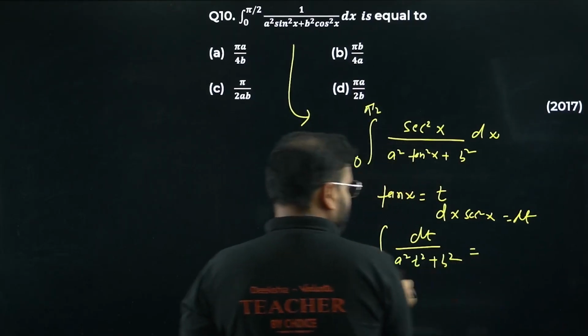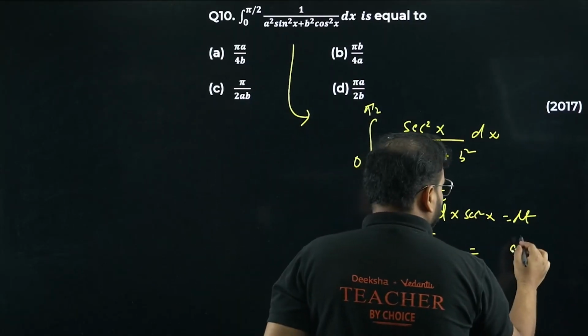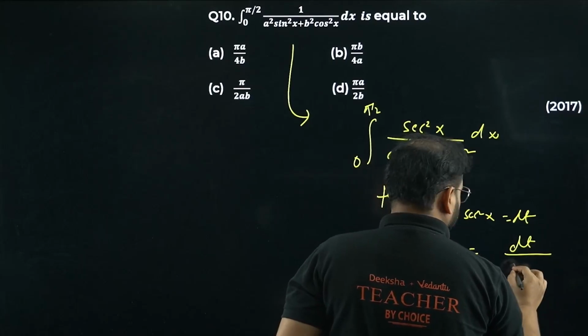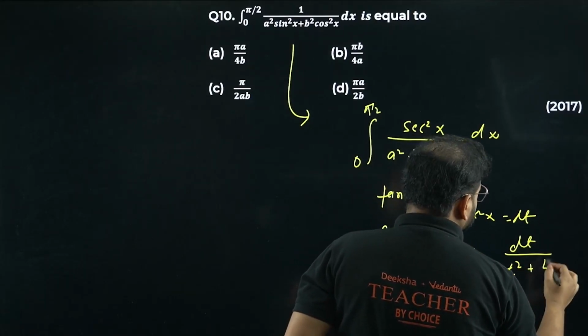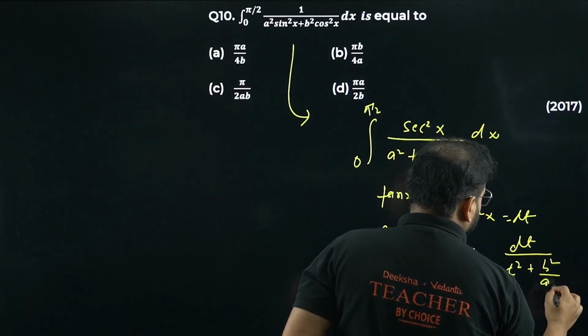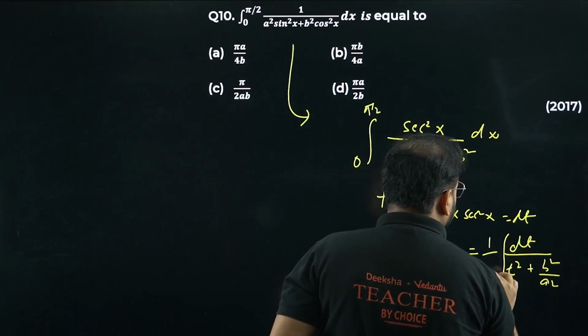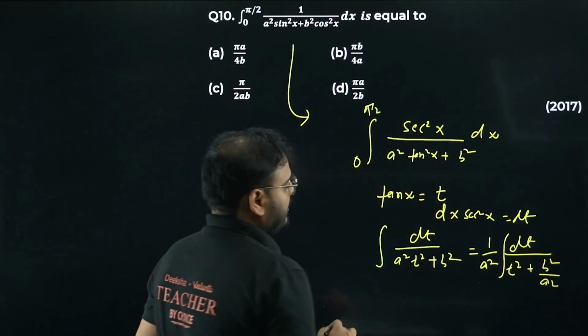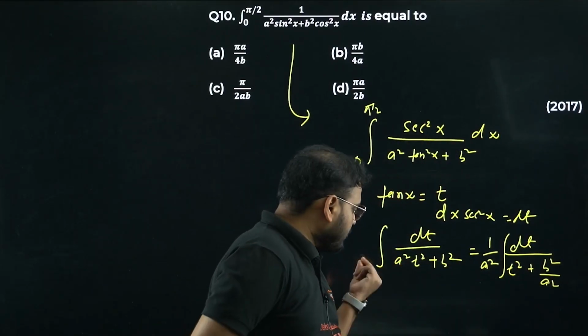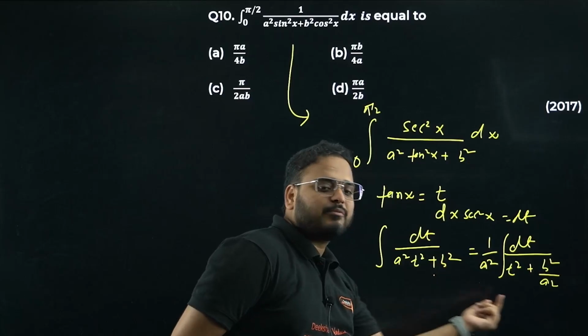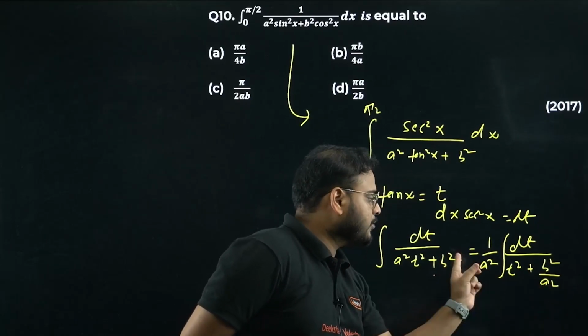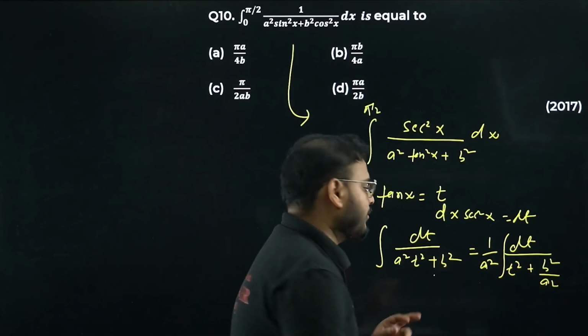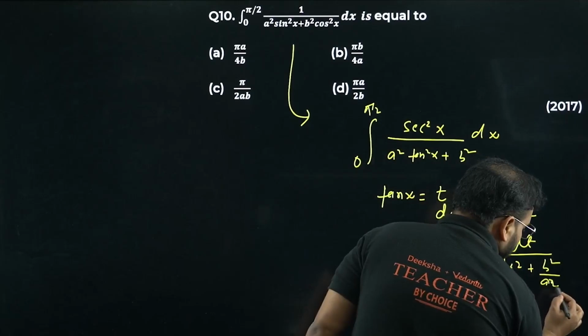From here you can take a square common. You'll have dt upon t square plus b square by a square, and of course a square is common outside. So what I've done over here, a square is taken outside. I don't have a square over here, it means I have to divide by the same value so that it can cancel if you multiply it back.